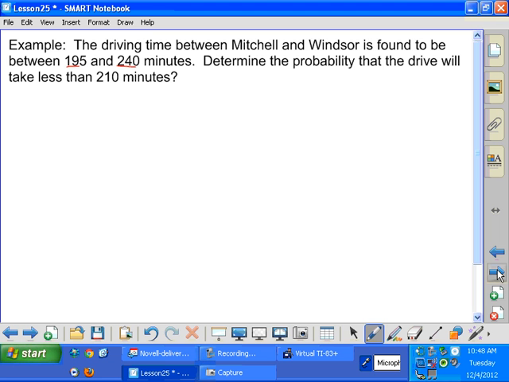So if I give myself an XY axis, here is time, here is probability, and I know that I'm going to get to Windsor between 195 and 240 minutes.